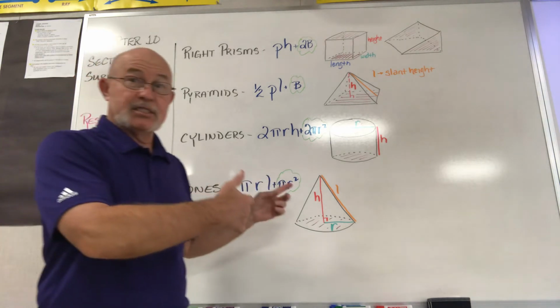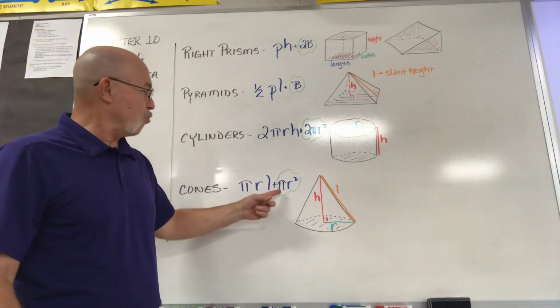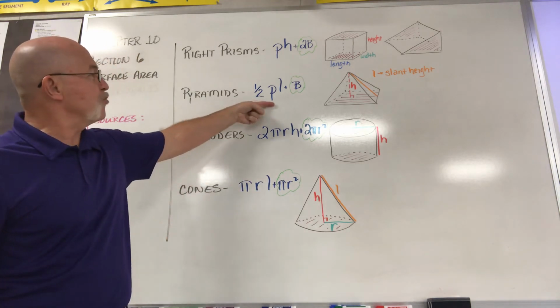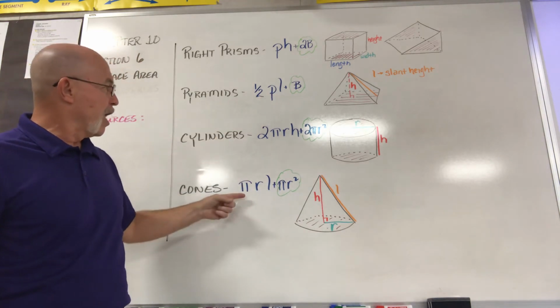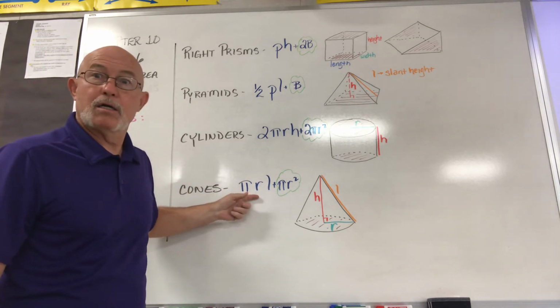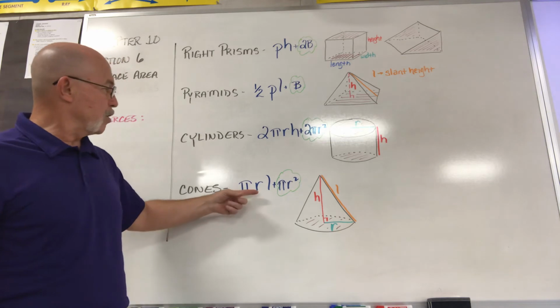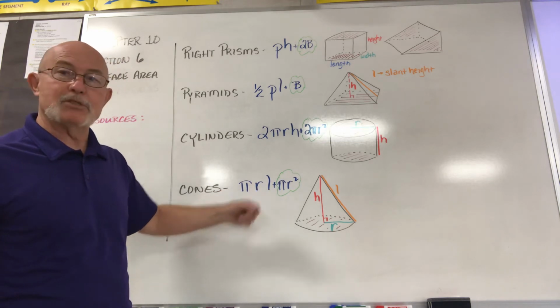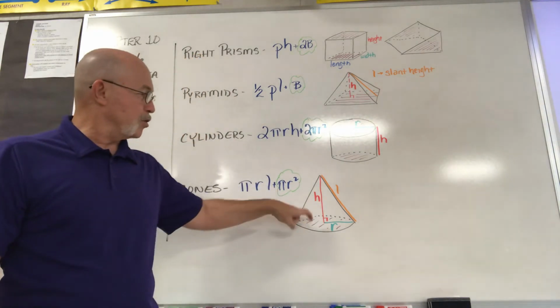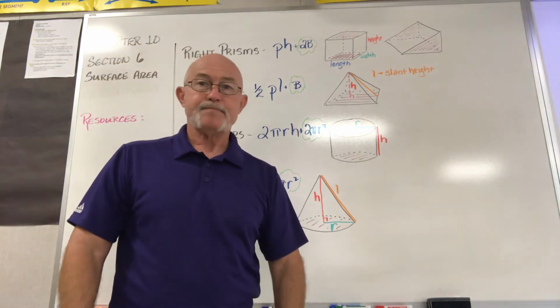The cone, because it's got a circle base, we only have to worry about 1 pi r squared. And then just like we said, half the perimeter times the slant height, half of 2 pi r is just pi r. So we're going to say pi times the radius times the slant height. That's the lateral area, and we add to it the one circle on the bottom.